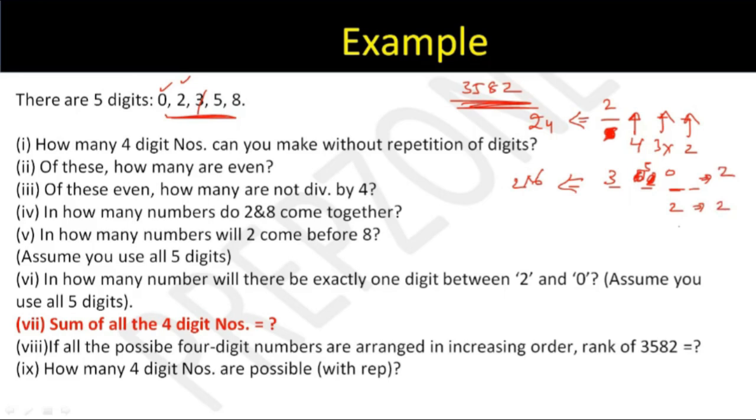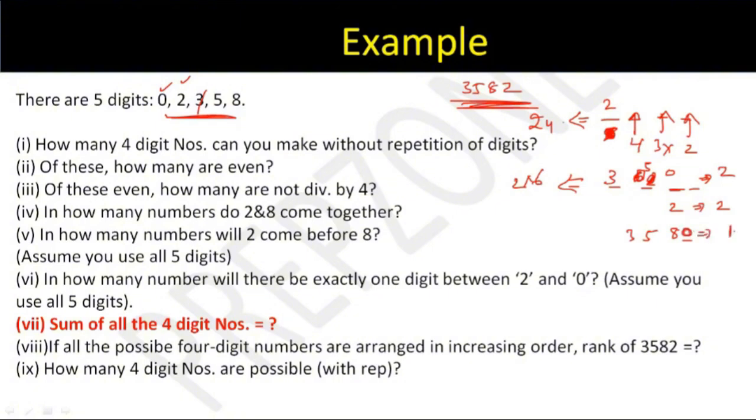Then the last one will be 3, 5, 0 is done, 2 is done, it has to be 8. 3, 5 and 8. Again, our number was 3, 5, 8 and 2, so the last digit could be just 0. Which means 1 such number.